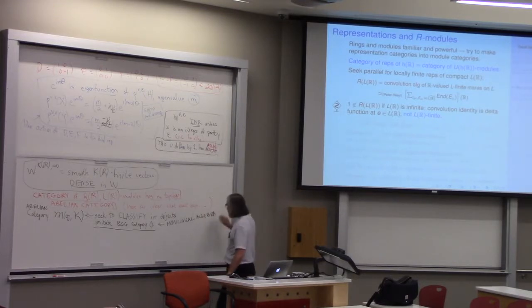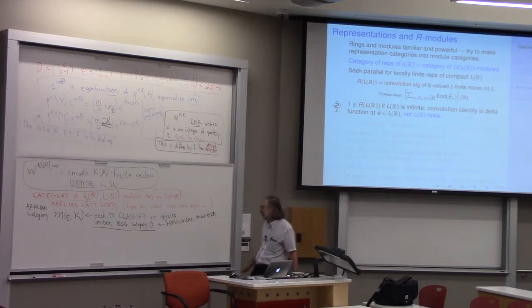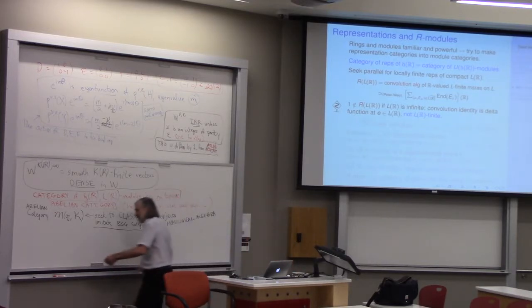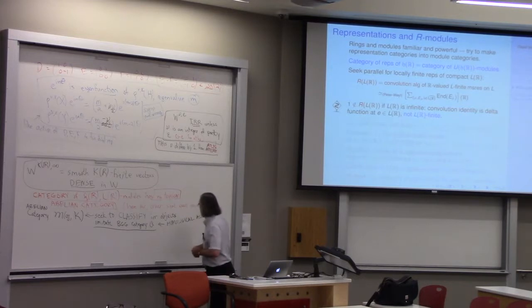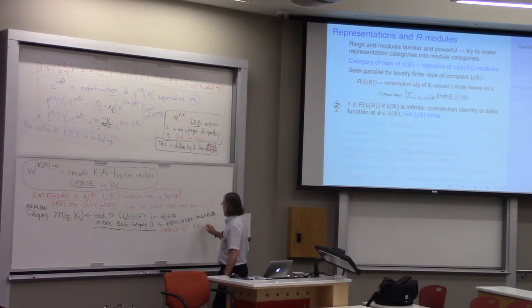And one of the big ideas in category O, it's a big idea, so I'll put it in red, was this change of rings functor: U of G tensored over U of B with something.